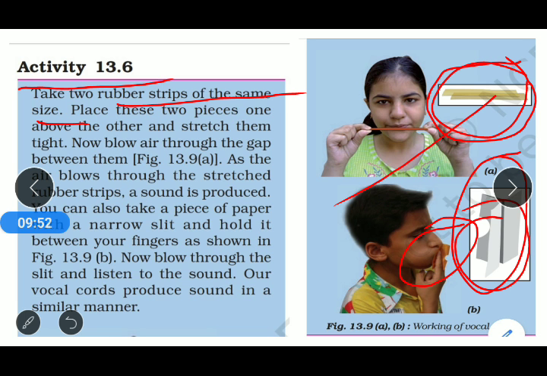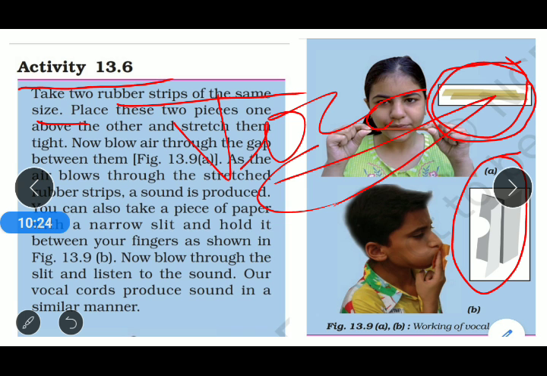And in the second case also, figure 13.9b explains how the sound is produced in a paper strip also. That is the basic functioning of the vocal cord. The two rubber strips which we are representing, you can consider them like the vocal cords.